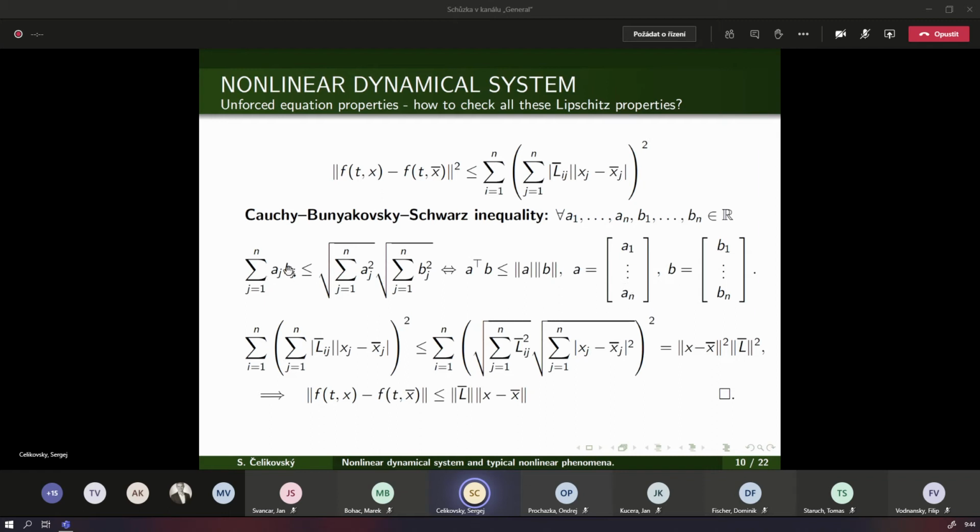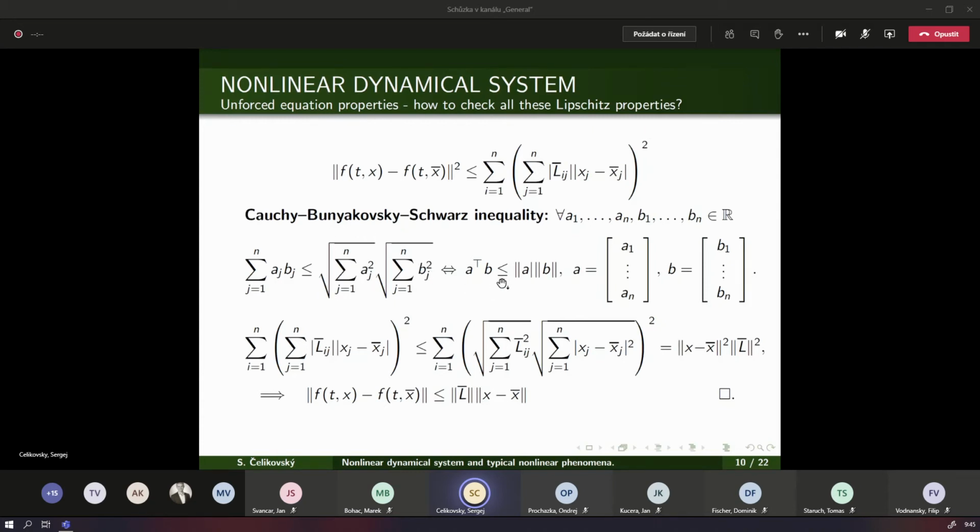So if you have n real numbers, a1 up to an, and n real numbers, b1 up to bn, and you consider this product, a1 times b1 plus a2 times b2, and so on, then this is less than the square root of the sum of squares times the square root of the sum of squares.